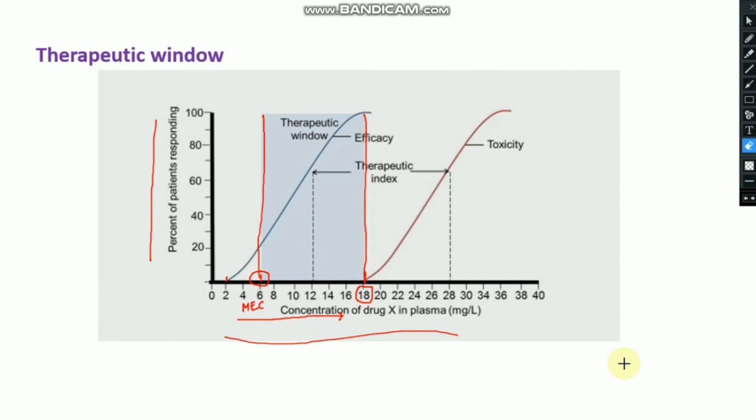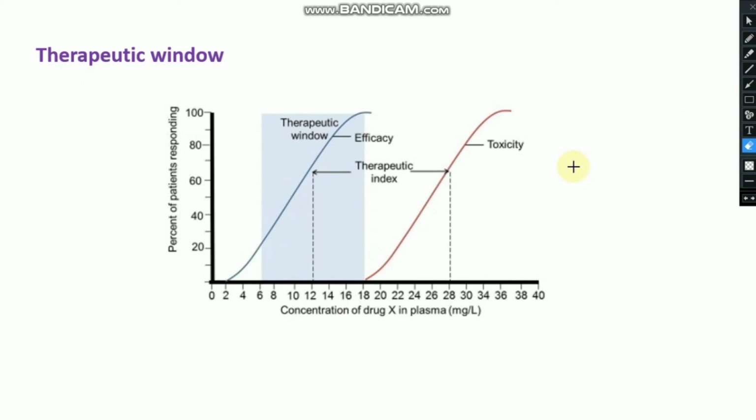So next I'm going to talk about the safety ratio. Actually, this term is not used for therapeutically used drugs. This term is used for non-therapeutic purposes. What does that mean?